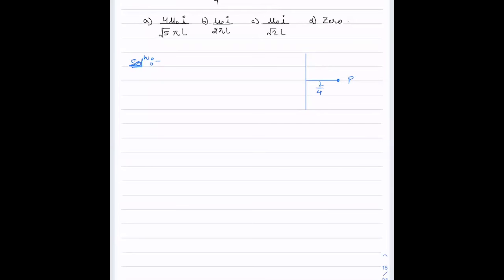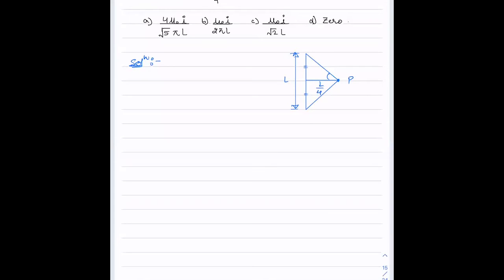The current is I and the length of the wire is L. So this becomes L by 2 and this becomes L by 2, the perpendicular bisector from the midpoint.